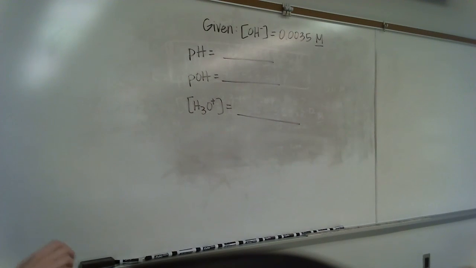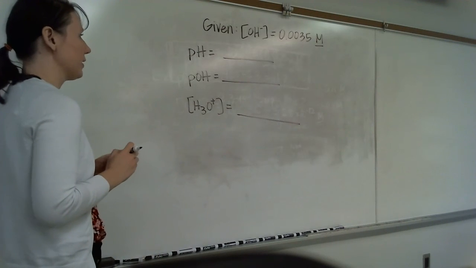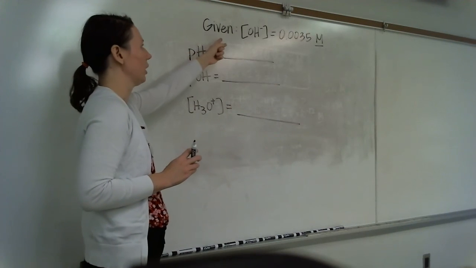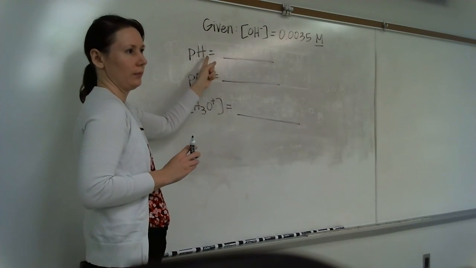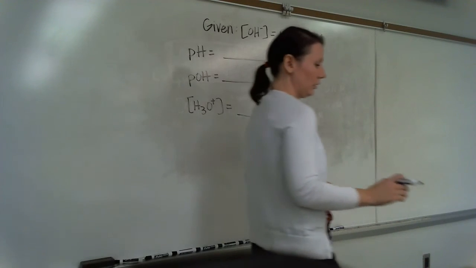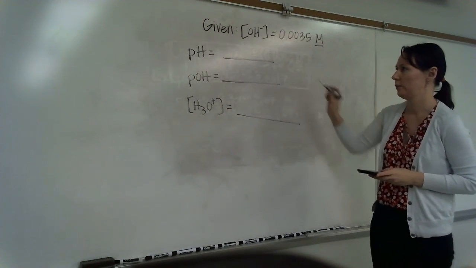All right, last one. Let's go over this one. So I gave you hydroxide ion concentration. Can that be useful in calculating pH? Can I go directly from this to pH? I have to do something else first. What do I need to do first? Hydroxide ion doesn't give me enough information to get pH, does it?